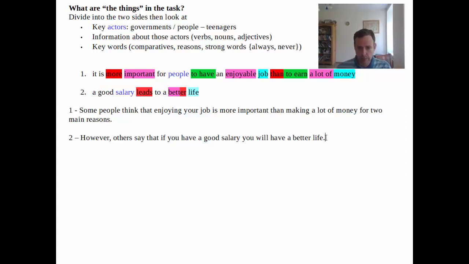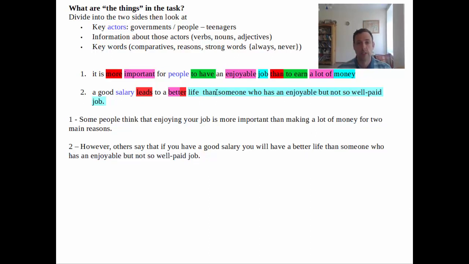So if you have a good salary, you'll have a better life than someone who has an enjoyable but not so well paid job. Okay, so what I've simply done is I've simply added that to there, an enjoyable but not so well paid job.